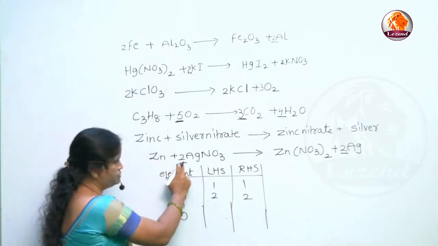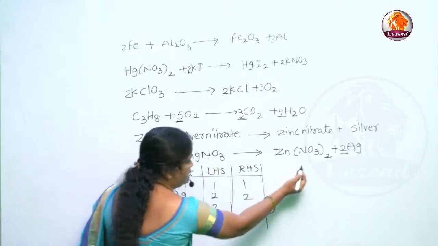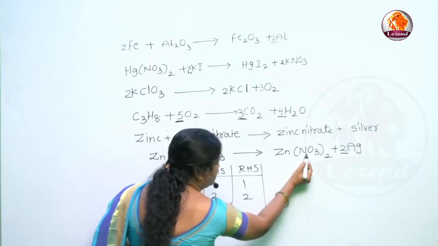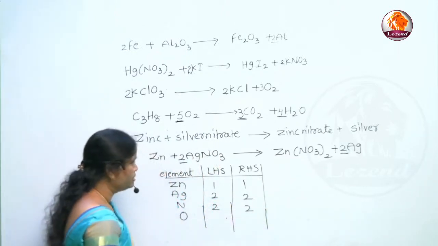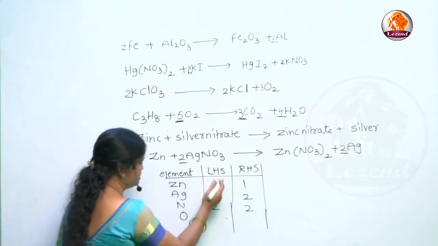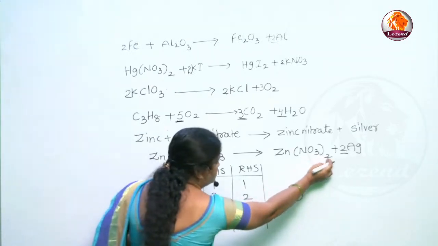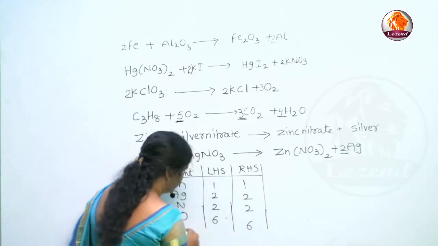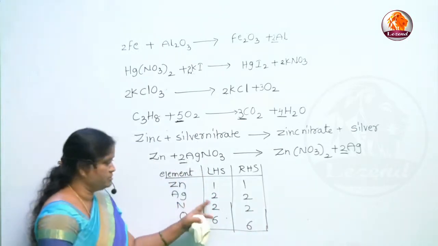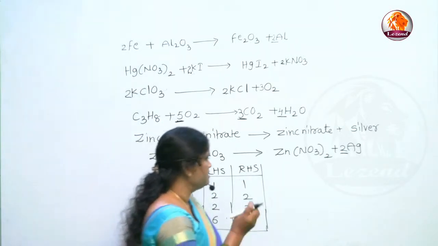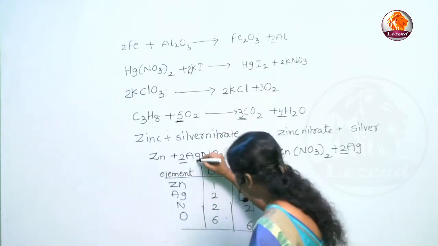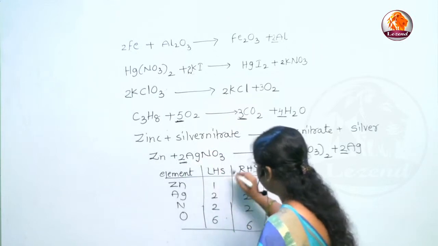Nitrogen: NO3 taken 2 means 2 atoms of nitrogen, 2 times 3 is 6 atoms of oxygen. Right side also nitrogen atoms 2, oxygen atoms 3 times 2 is 6. If you look at the table, the number of each element on both sides becomes equal. So we can confirm the given chemical equation is balanced. This is the balanced chemical equation.